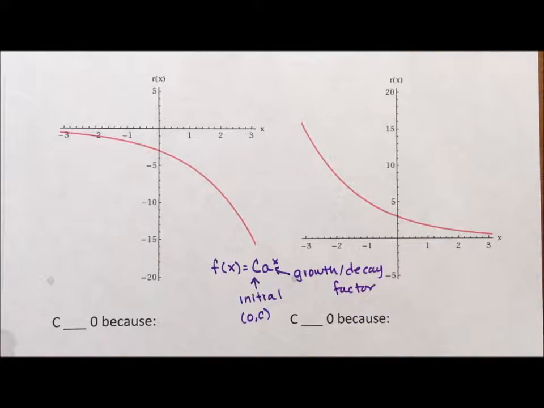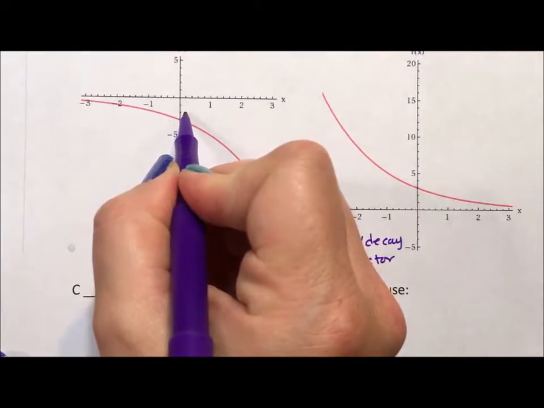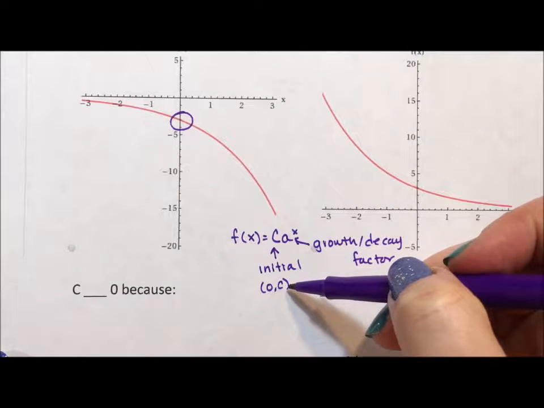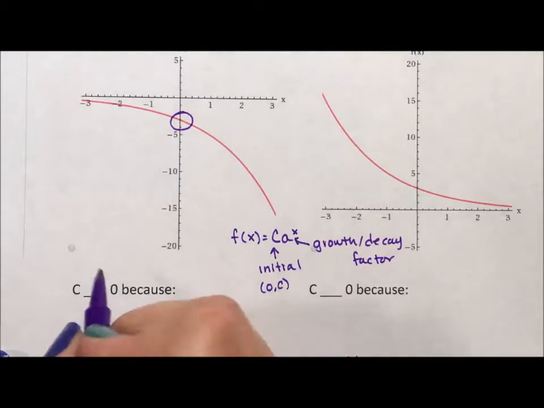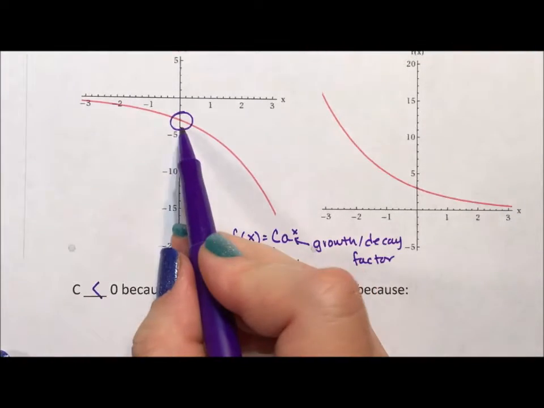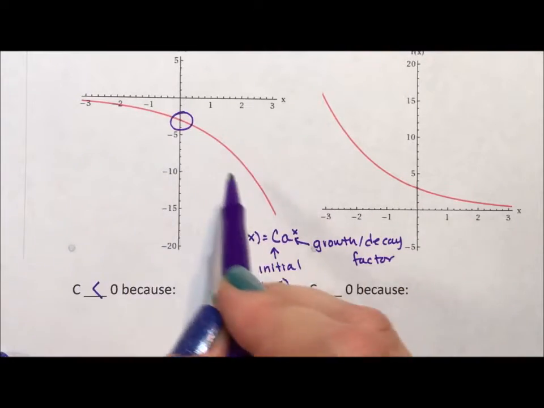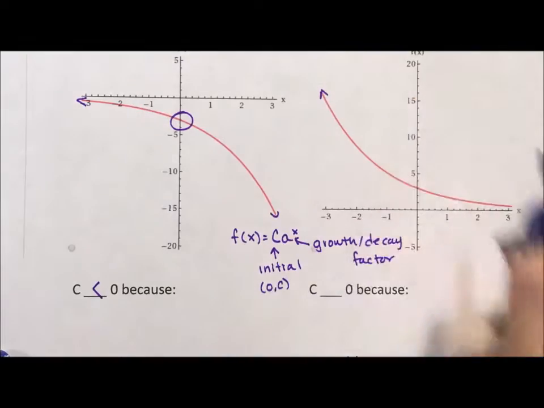Okay, so for this first graph, for both of them, we'll do these in tandem. C, our initial value where we cross the vertical axis, is less than 0. Why do we know this? I'm not going to say because it equals -3. The numbers don't need to be there. We're really looking at this graph more as characteristics of the graph, not specifics of this graph.